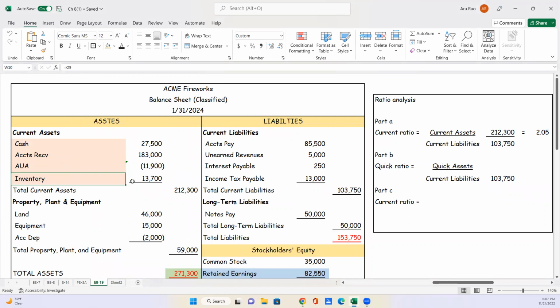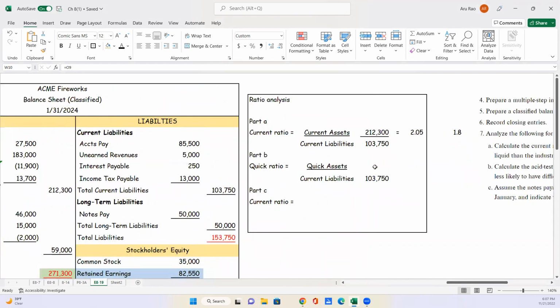We do not include inventory because they have not been sold as yet. They have to sell, and they are still removed from cash. So let's take that off our plate. So we are looking at 198,600. I took that 13,700 off. So I'm dropping the asset number. And now let's see what our number works out to.